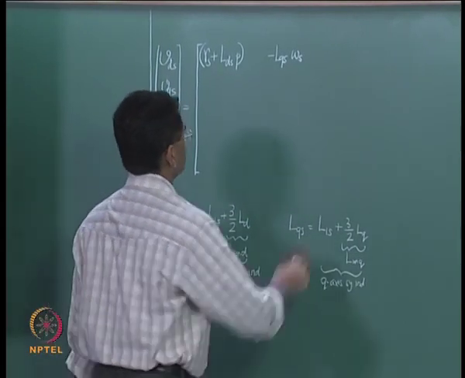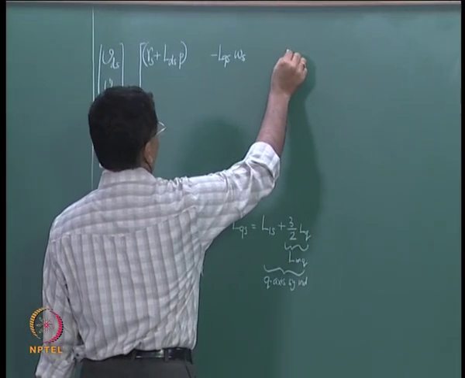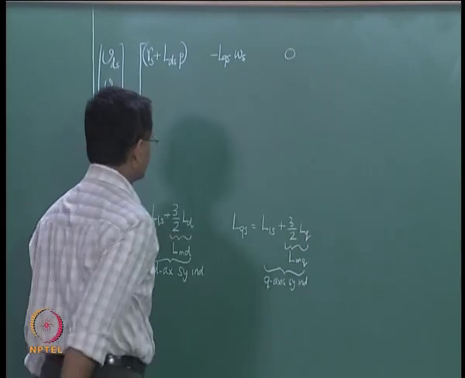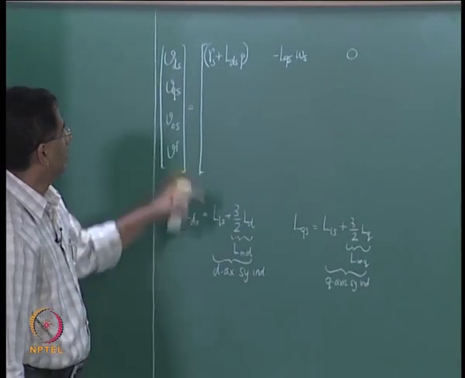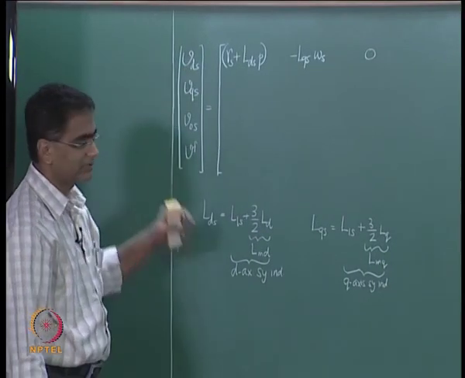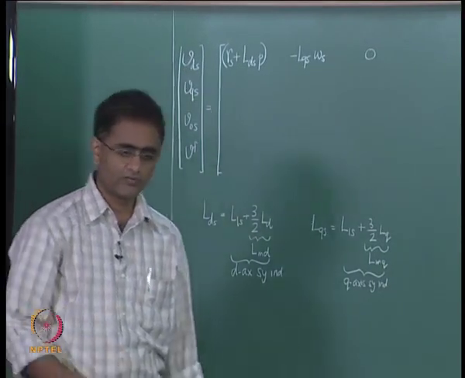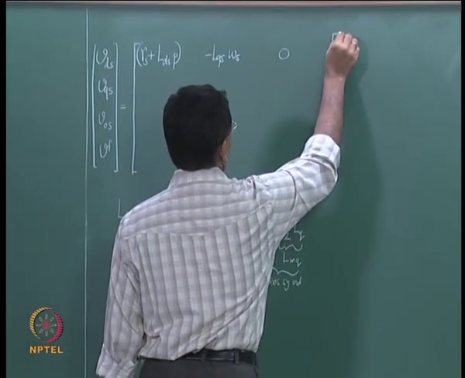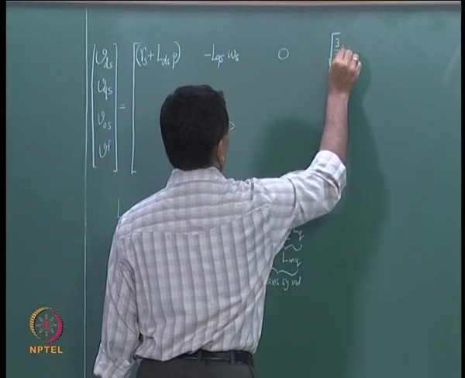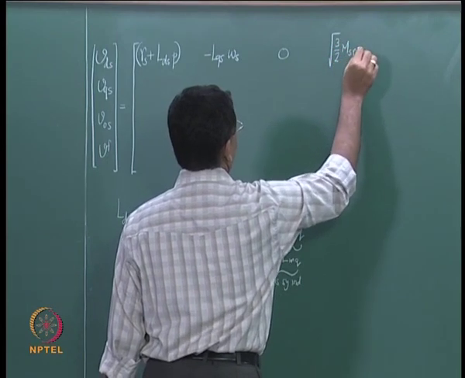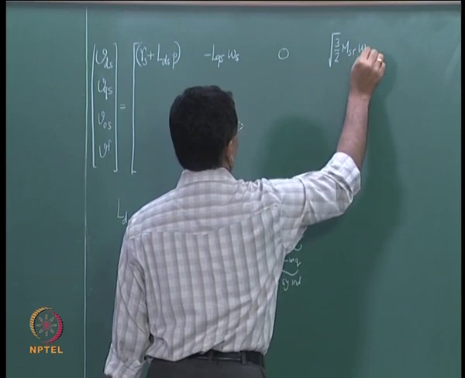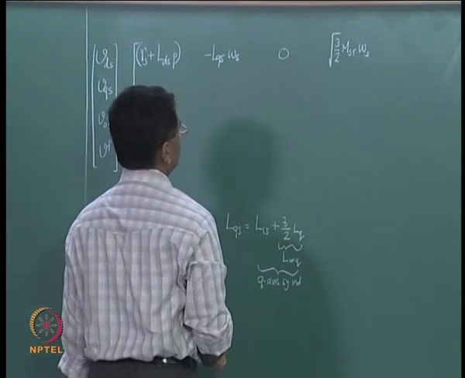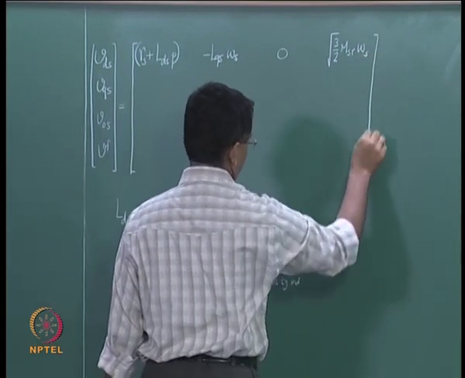And then there is no contribution here from the 0 axis term, and then there is a D axis speed EMF that is induced, which was root of 3/2 times MSR multiplied by omega s.